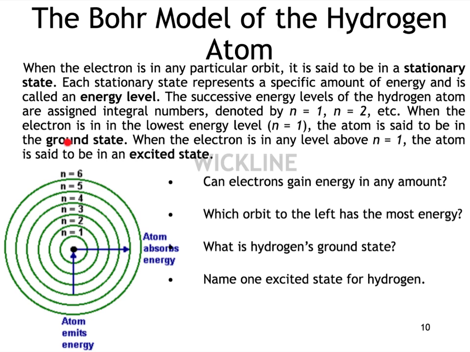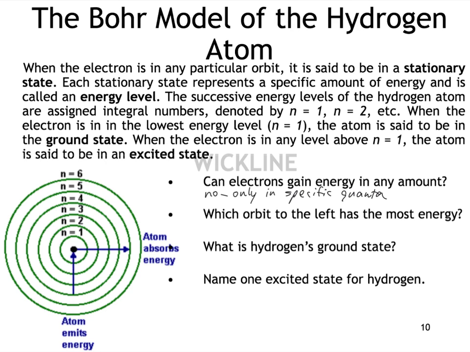I also have a ground state versus excited state idea. Ground state is the lowest available orbit, and excited state is when you're above the lowest available orbit. So here are my questions. Can electrons gain energy in any amount? The answer is no, it may only absorb energy in specific quanta.